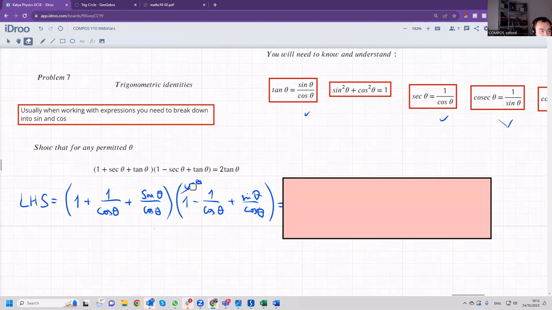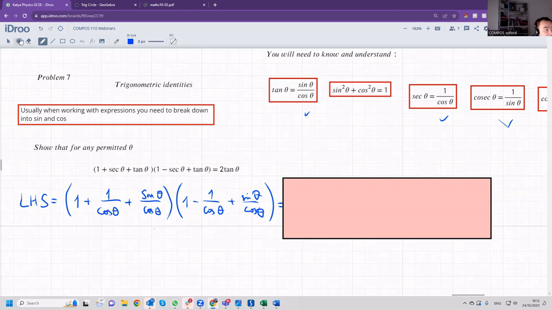On a scale of 0 to 10. Okay, you understand this, because sec is literally 1 over cos theta, and tan is sine over cos. So I just replaced it. Okay, so everyone understands this.